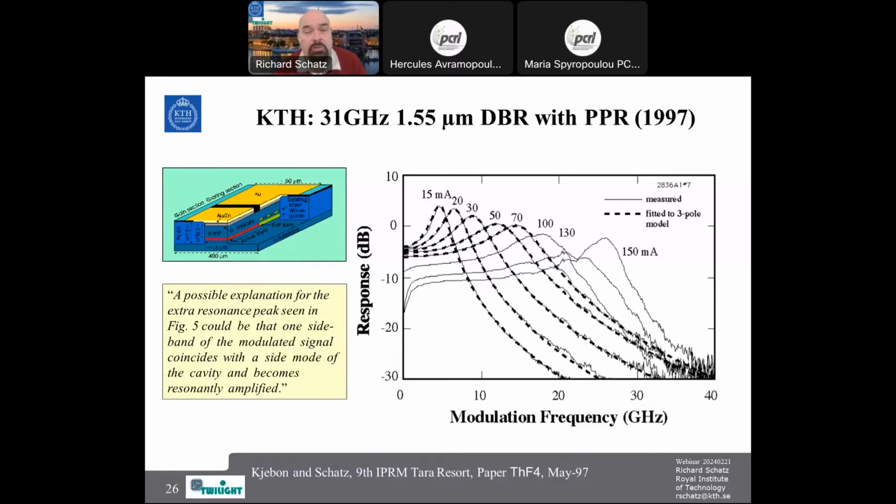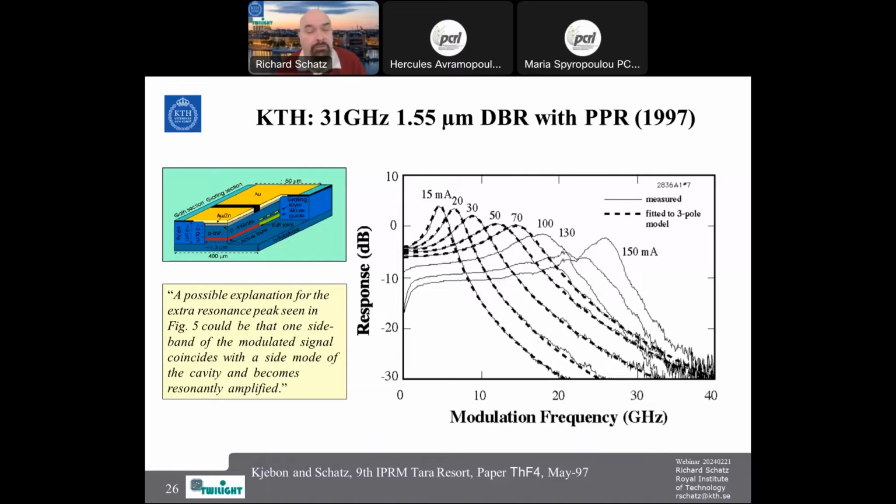If you have an external modulator, you have a longer device and you have larger bandwidth, so it's easier to get this effect. Well, not external modulator: if you have an intracavity modulator, you can get this effect more easily, of course.